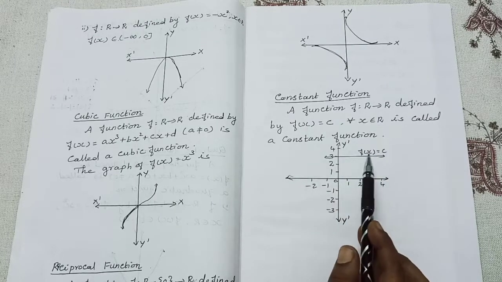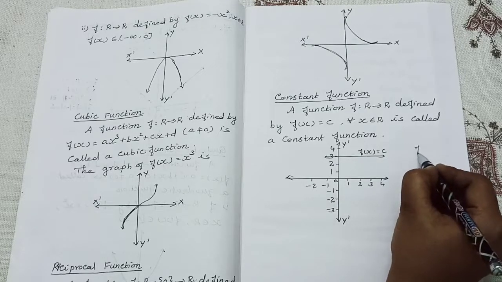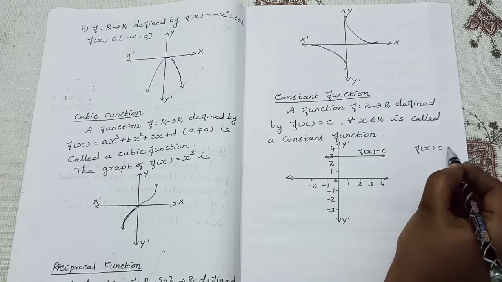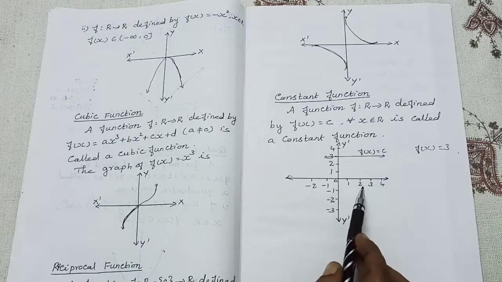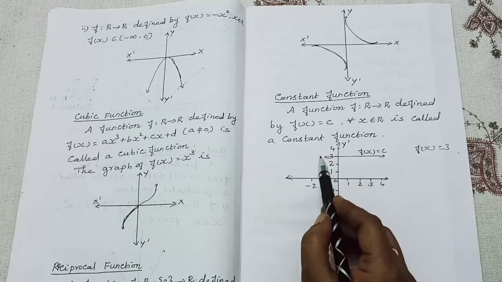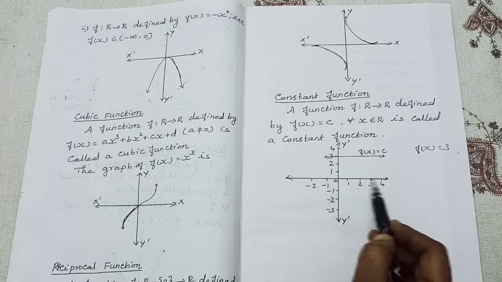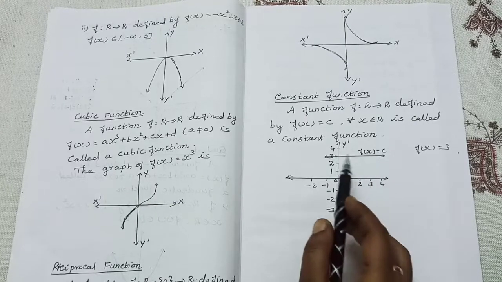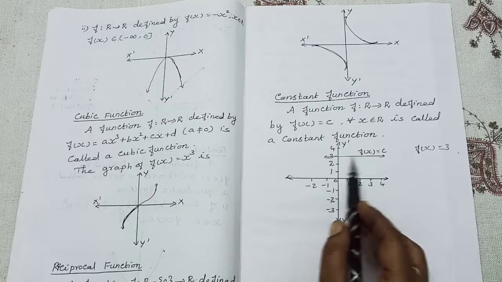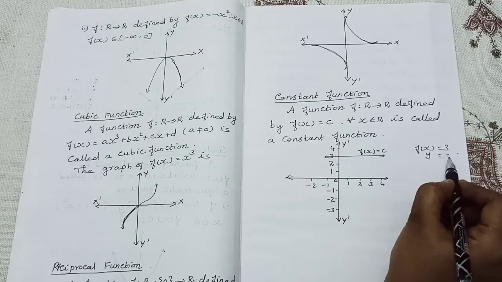For example, I am taking here f of x equal to 3. How can we draw the graph? Then for x-axis, all values will come parallel to the x-axis. That means here f of x equal to 3 means y is equal to 3.